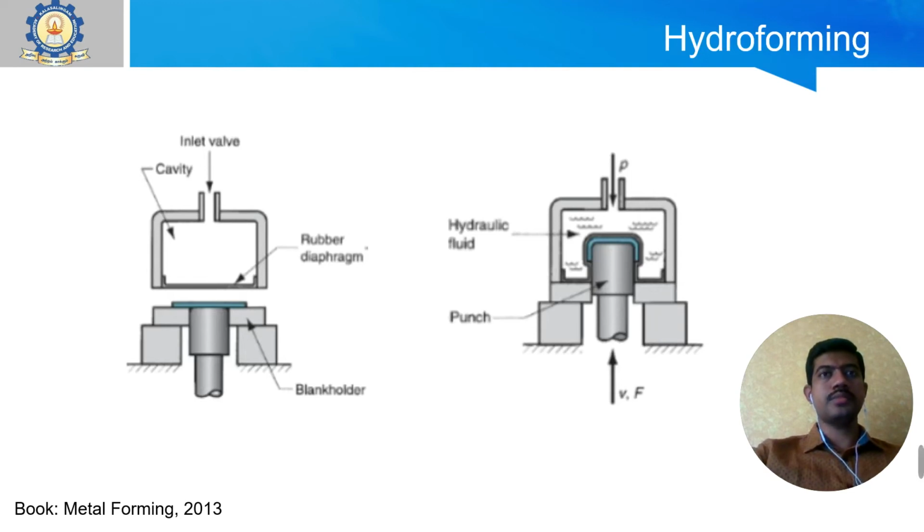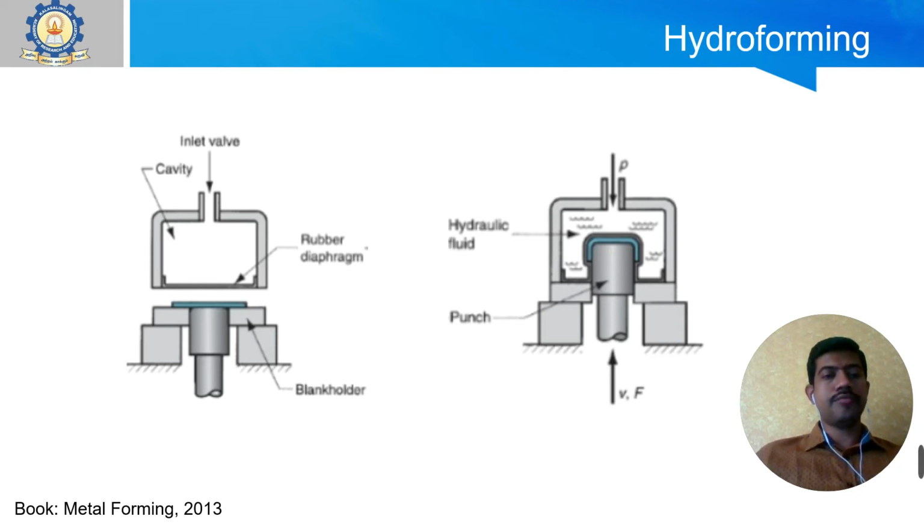The next type is the hydroforming process. This process is also called hydromechanical forming, hydraulic forming, or hydro punch forming. In this, the metal is formed to the required shape by using a rubber diaphragm or a hydraulic fluid.